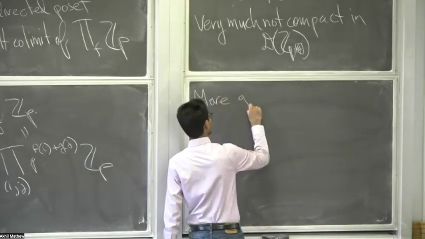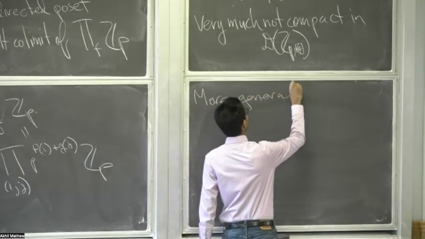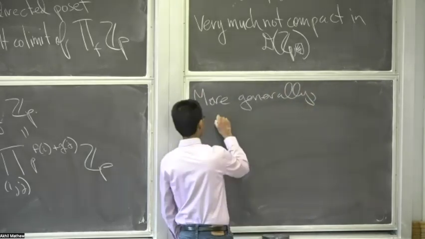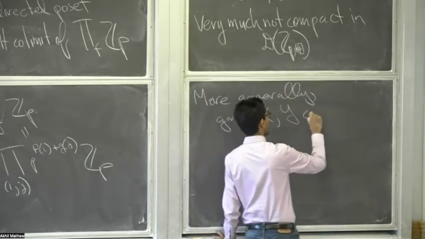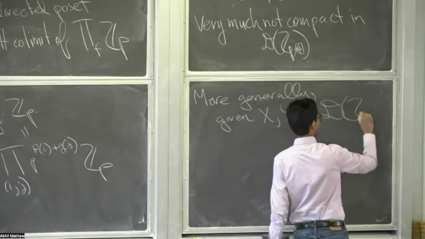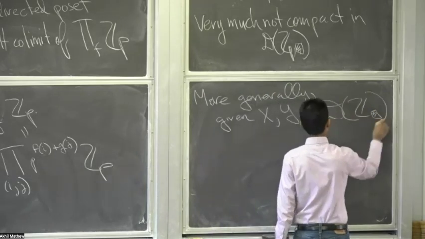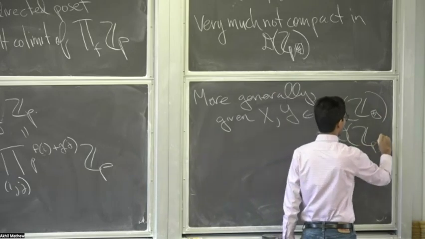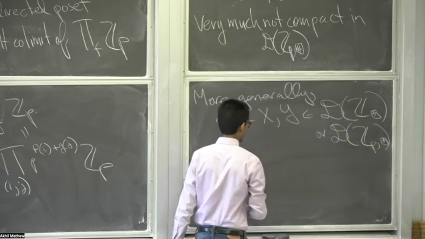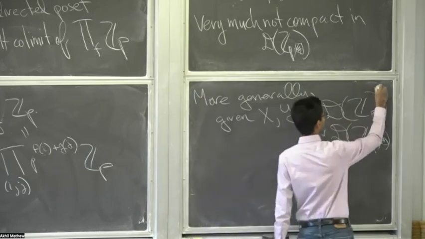So more generally, given x and y, and we could say either D of Z solid or D of Z_p solid, it doesn't matter.